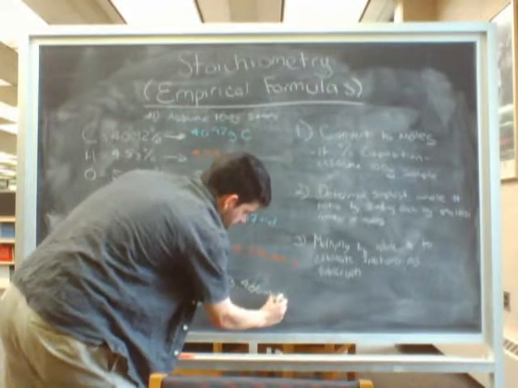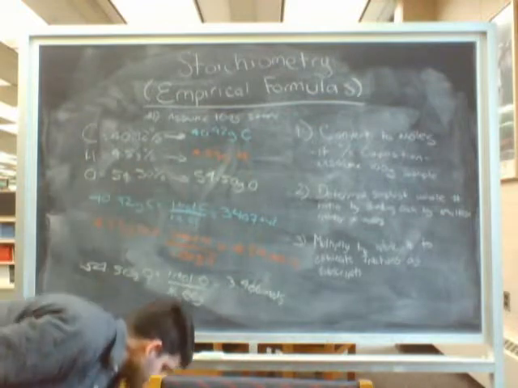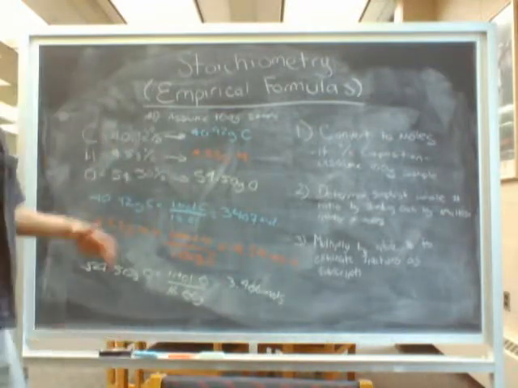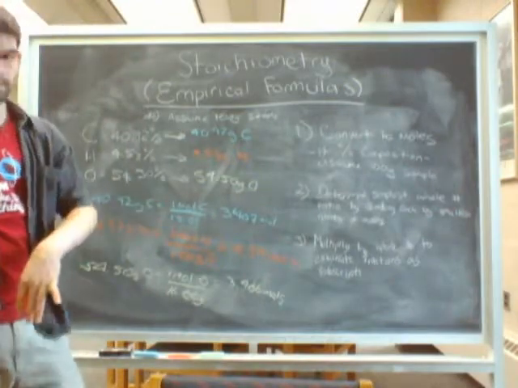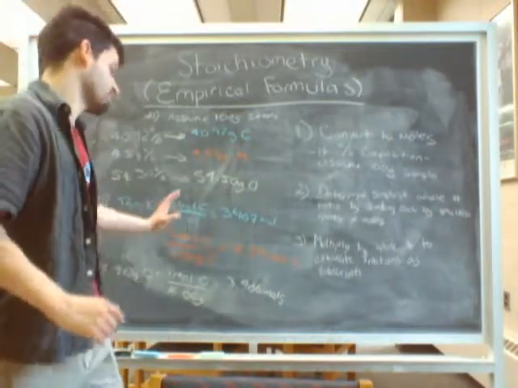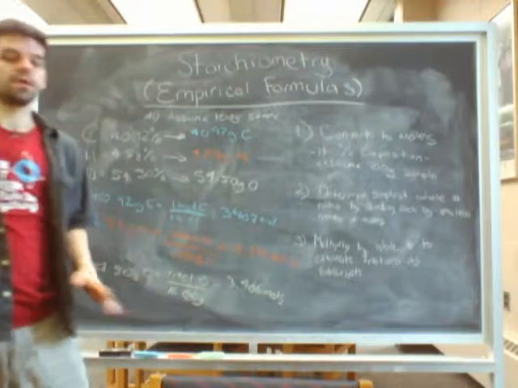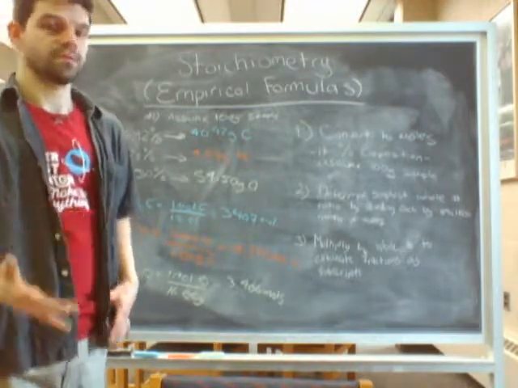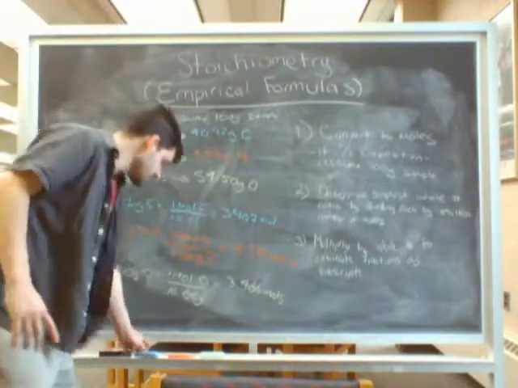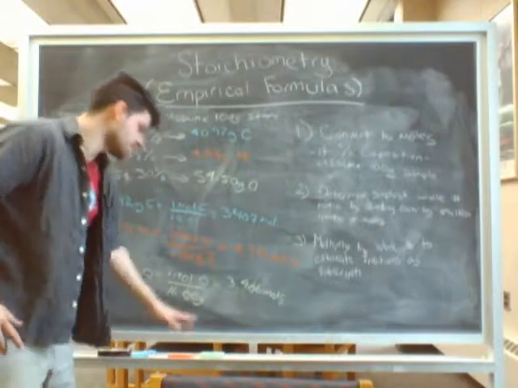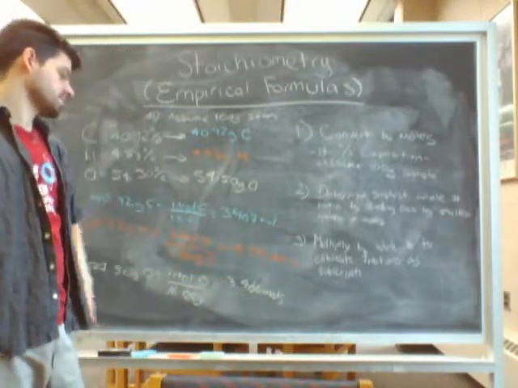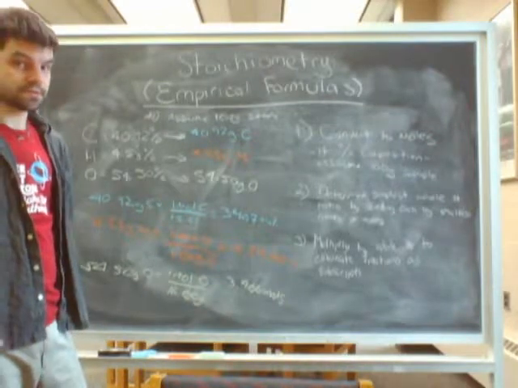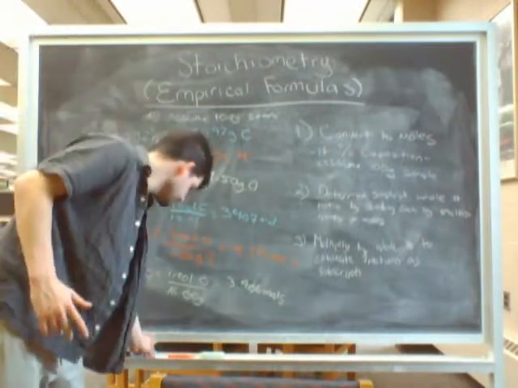Okay. Now that we've converted to moles, we can look at number 2. Determine the simplest whole number ratio of these moles by dividing by the smallest number of moles of the 3 elements. So upon analysis, we see that the lowest number of moles is 3.406, which is the moles of oxygen. Okay.